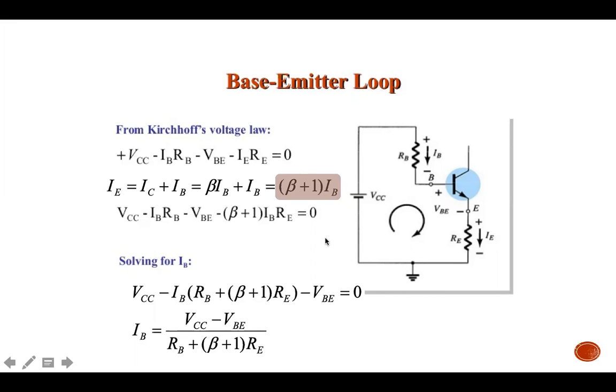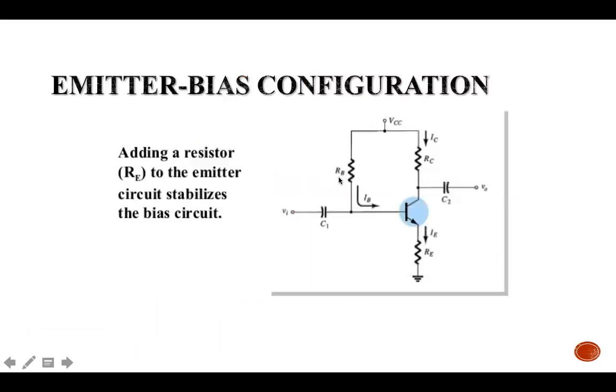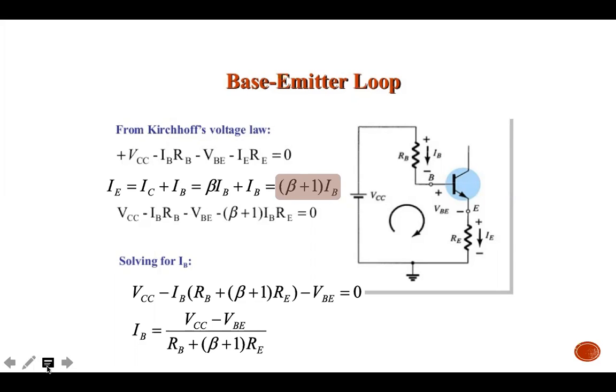I want to do the voltage and current analysis. Basically the steps are the same as the other configuration. To solve the analysis, you just need to use Kirchhoff voltage law, KVL. From this circuit, you have two loops.